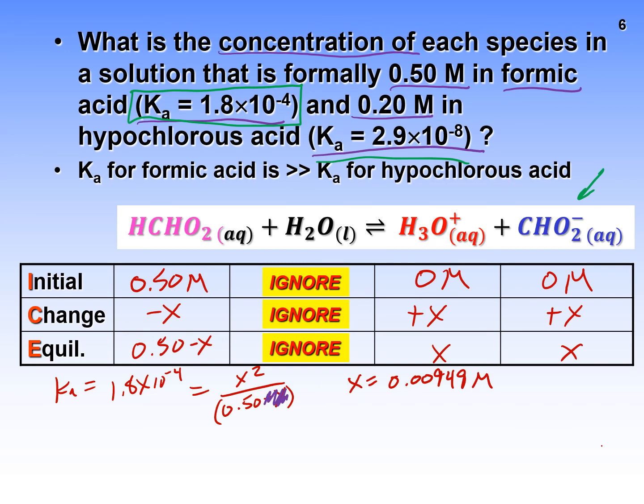Now at this point, if we had been asked for the pH of the solution, we're pretty much done. You just take the negative log of x because that's our H3O plus concentration, and then you'd be done. You completely ignore the hypochlorous acid. That's not what we were asked in this case, so we need to do a little bit more work.